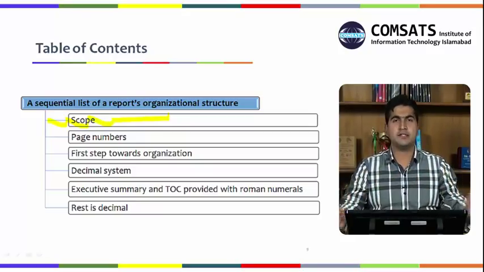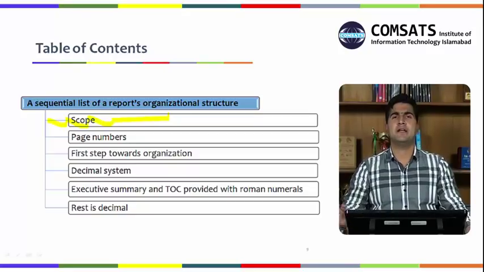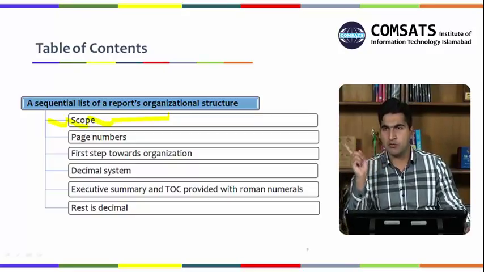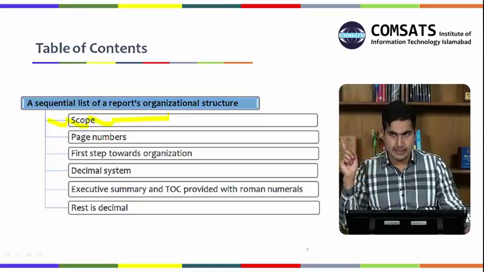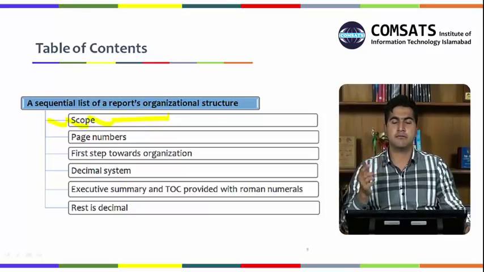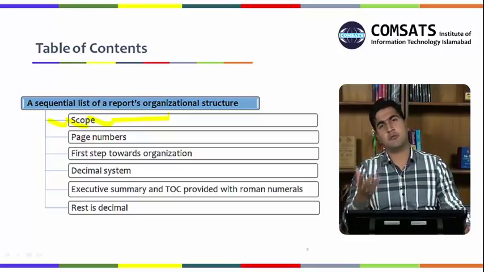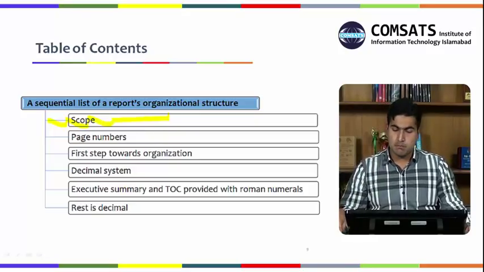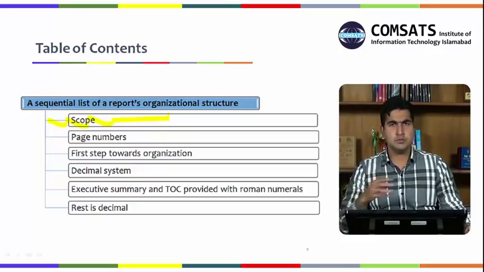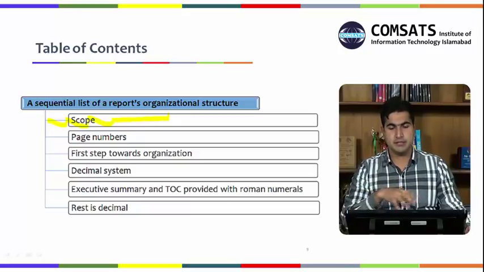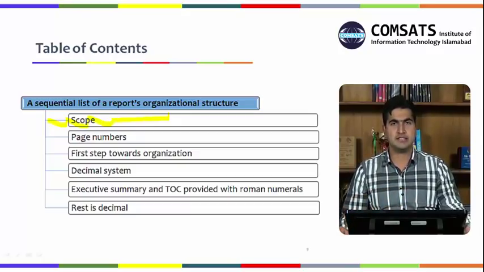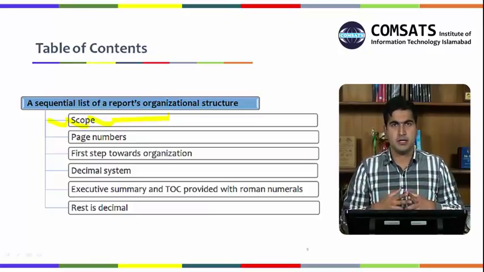So scope, my dear students, is basically the range, that boundary wall that you simply build around yourself, not just around yourself, but around your study as well. That study which is being carried out and afterwards will be written in the form of a report. That assumed boundary that you developed is standing for you to stay within that jurisdiction.